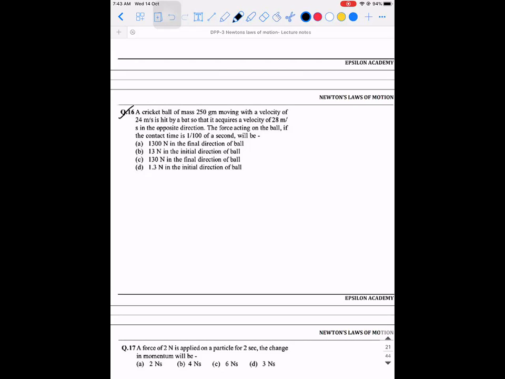So you people solve and tell me. Cricket ball of mass 250 gram moving at a velocity of 24 meter per second is hit by a bat so that it acquires a velocity of 28 meter per second in the opposite direction. The force acting on the ball: F into the time, the force exerted by the bat into the time, is equal to change in momentum. Force is what we need to calculate. Time is 1 by 100th of a second. What is the value of delta P, guys?